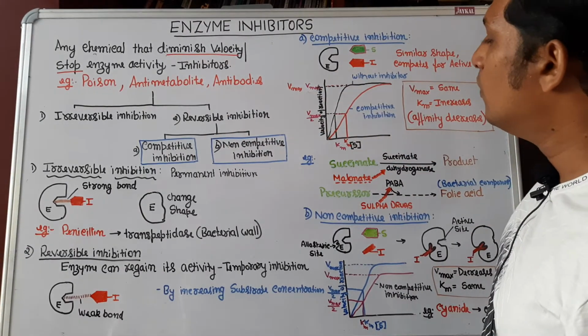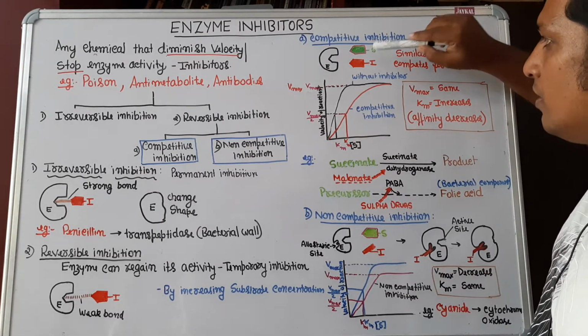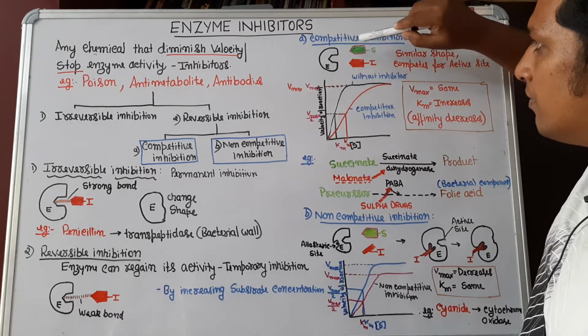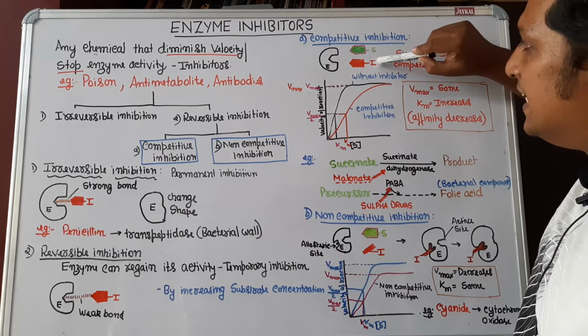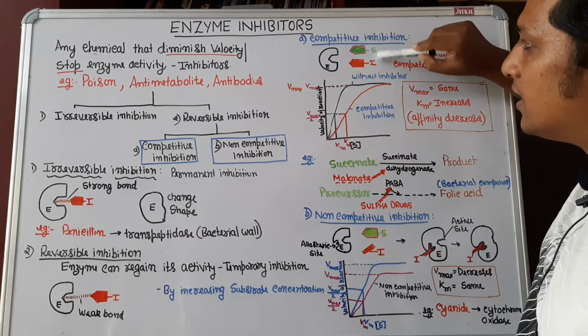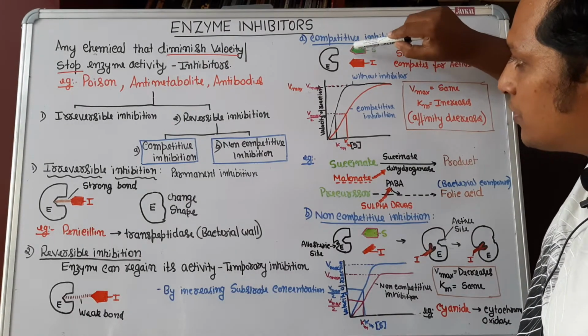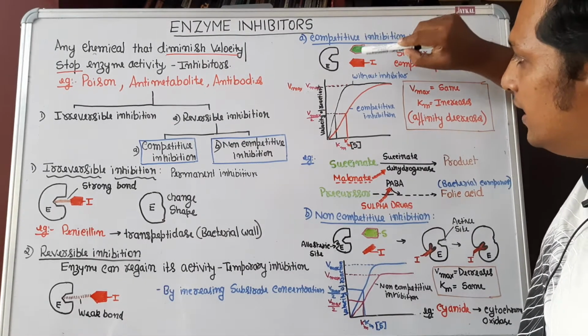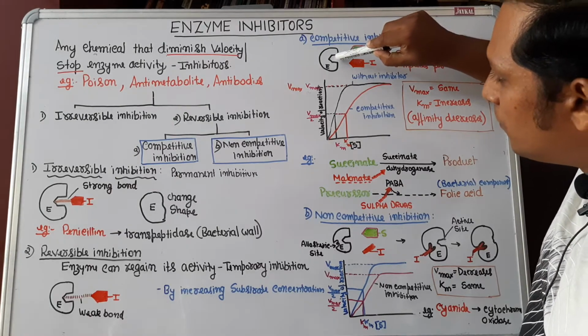Let us understand what is competitive inhibition. In competitive inhibition, this is my enzyme, this is the substrate of the enzyme. Look at the inhibitor. The inhibitor and substrate closely resemble each other in terms of structure. They look similar. The substrate binds to the active site. The inhibitor also, because of its similar shape, will bind to the active site.